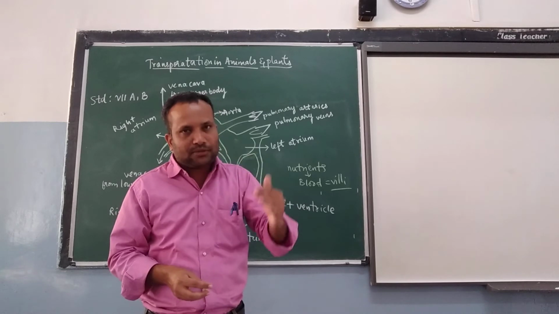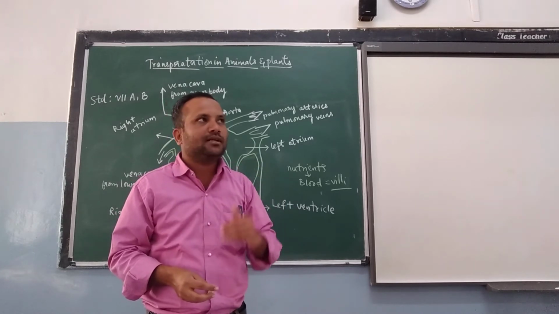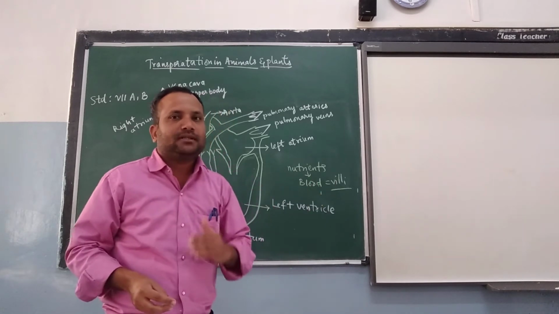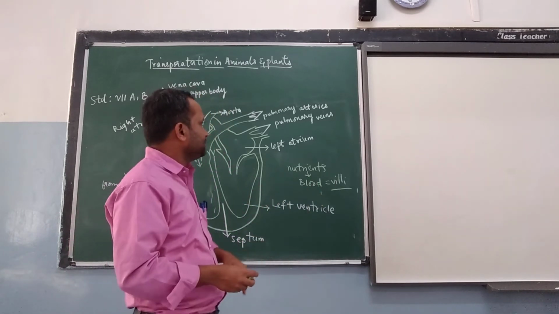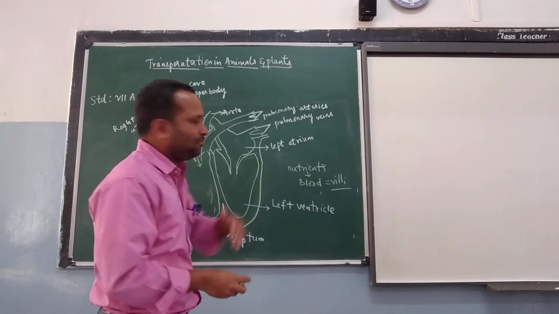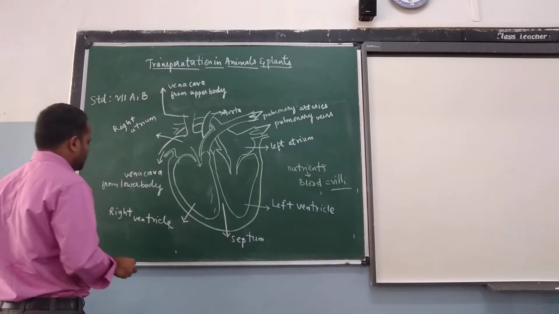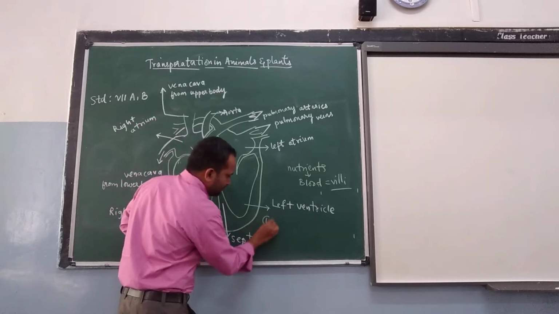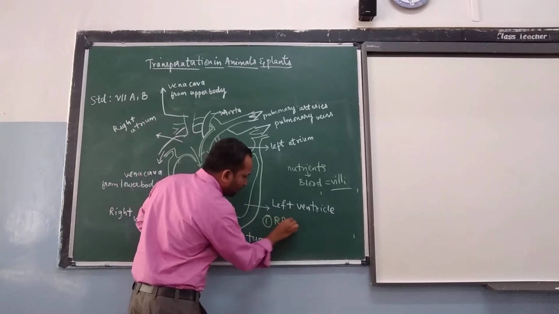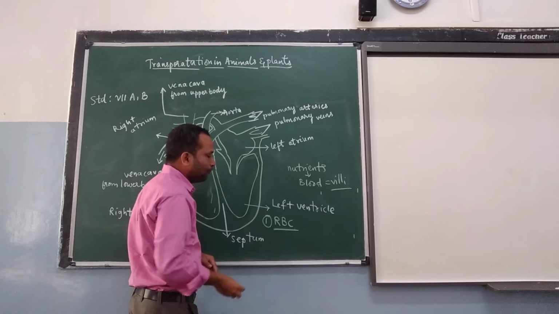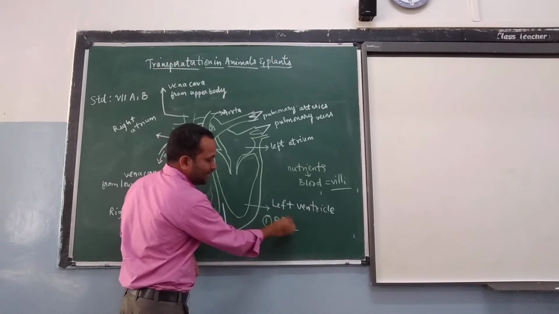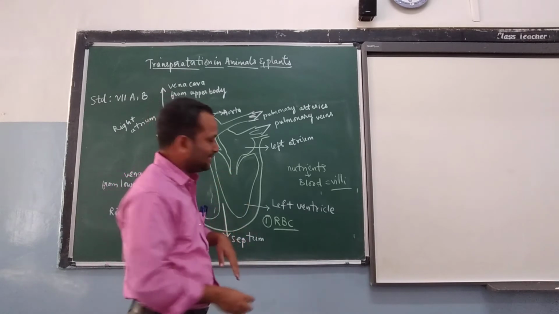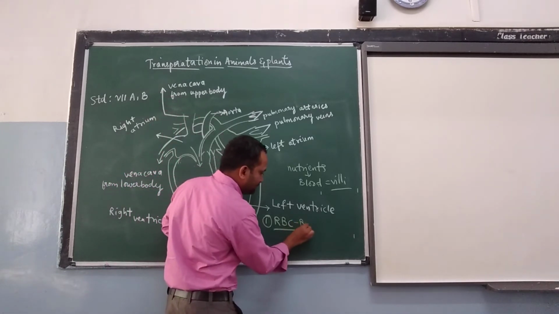So after the conversion to blood, children, blood consists of so many types of components. Actually, this blood contains, first one, RBC. RBC means red blood cells.